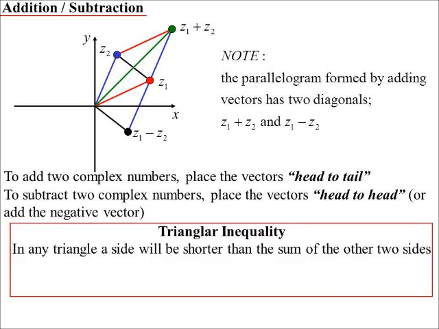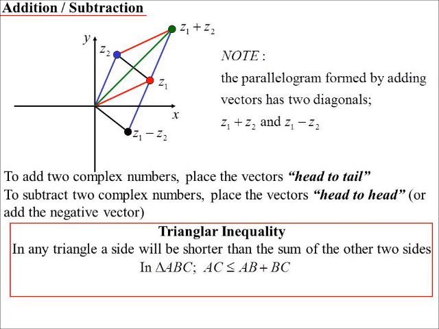All right, there's this thing called the triangle inequality, a very simple idea. You've got a triangle, and any particular side will be shorter than the sum of the other two sides. The basic idea, of course, is that the shortest distance between any two points is a straight line. So if you were to go off at an angle and come back and form a triangle, that's obviously got to be a longer distance than just going straight between the two points.